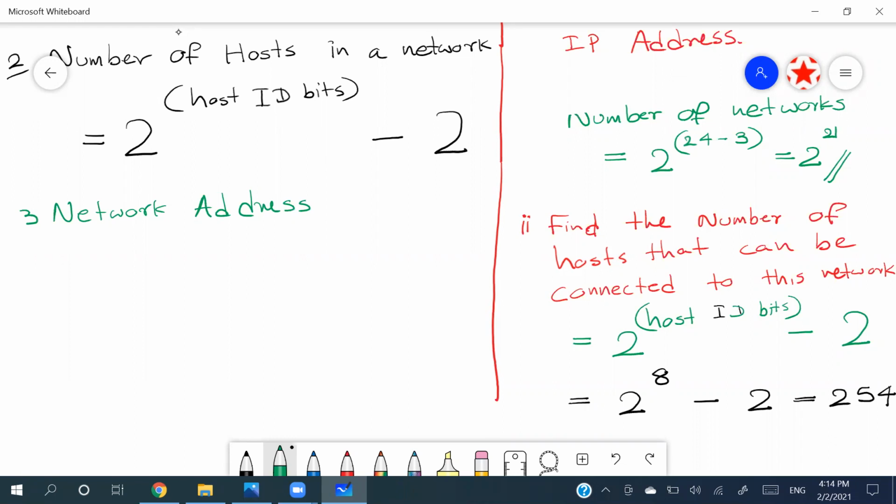Now, how are we going to find the network address? There are two things that we need to do.